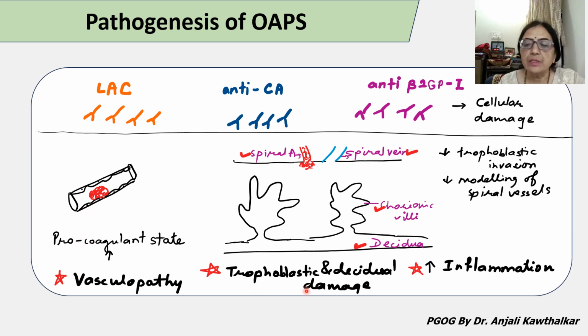They lead to pregnancy morbidity by causing trophoblastic and decidual damage, so that there is less trophoblastic invasion and less remodeling of spiral vessels. That is how it increases preeclampsia, fetal growth restriction, stillbirth, HELLP syndrome, prematurity. All these are because of this action on trophoblastic and decidual cells. And the third action, most important, is that it increases inflammation during pregnancy. So that is how these antibodies lead to cellular damage and pregnancy morbidity.